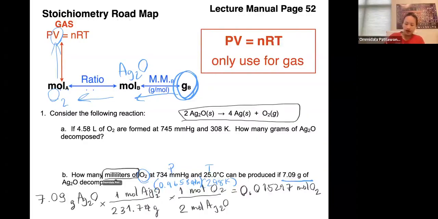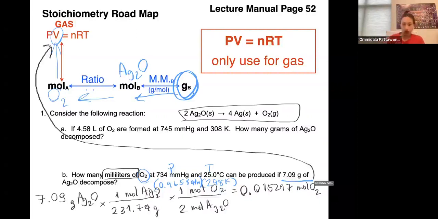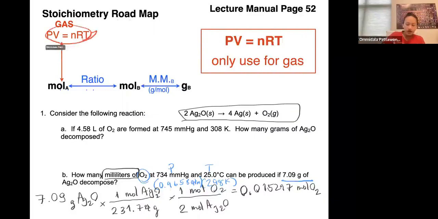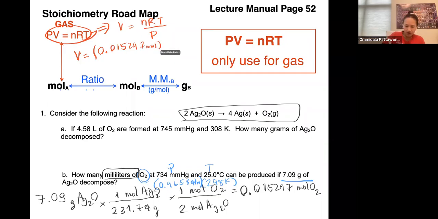So the next step is plugging this into PV = nRT. I'm going to rearrange this equation, so I'm going to get V equal to nRT over P, right? So if I do that, I'm going to get V equal to n, which is 0.015297 mole, R is 0.0821 atm·liter per mole·Kelvin, and then temperature is 298 Kelvin, divided by pressure, which is 0.9658 atm.